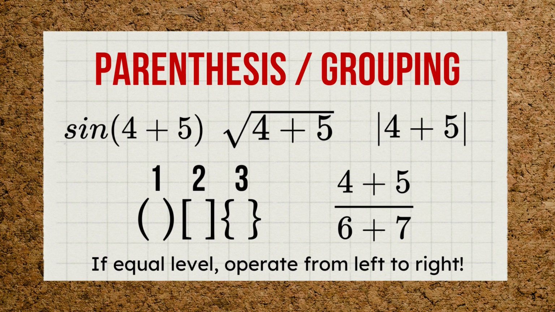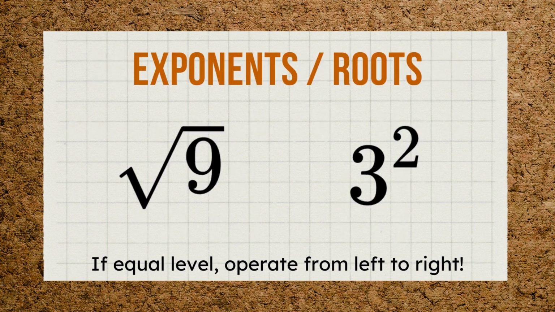But most commonly, the grouping that you will see are the parentheses, the brackets, and the braces. If there are parentheses, brackets, and braces, you must do the parentheses first, followed by the brackets, followed by the braces. The second priority includes the exponents and the roots.